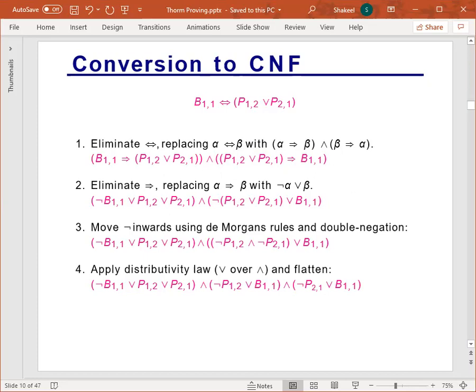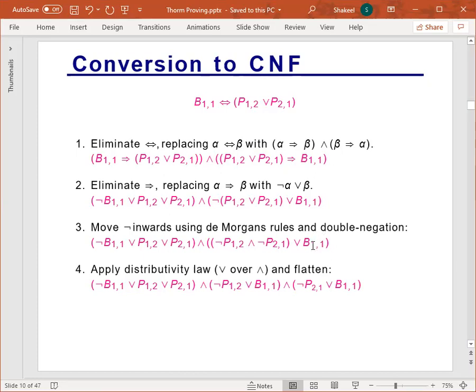Because we have the negation over our brackets. And we know that we need to use De Morgan's law to introduce the negation over these literals. So the next step would be to move the negation inwards using De Morgan's rule and double negation.